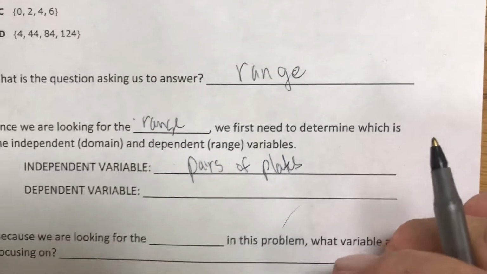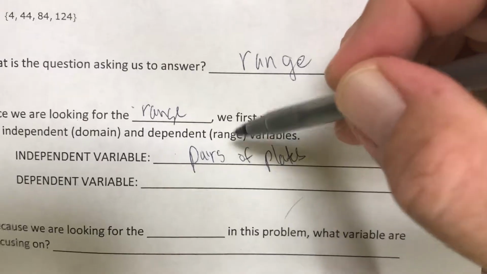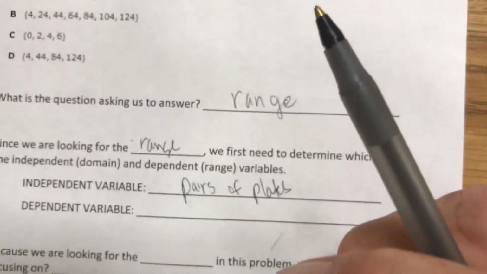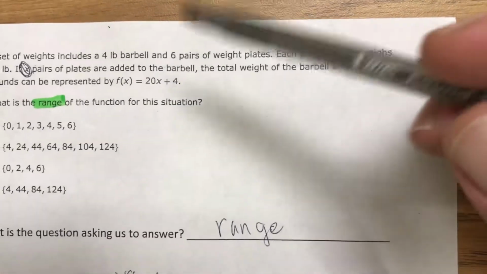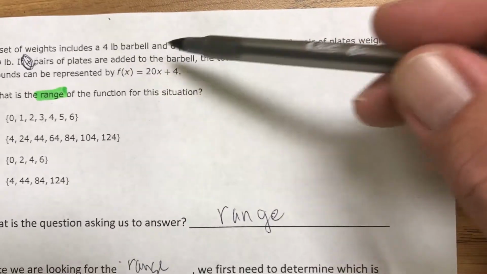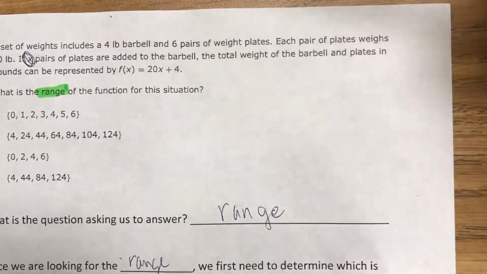So now we have to find the dependent variable, or the one that has the range in it. So if x pairs of plates are added to the barbell, the total weight of the barbell and the plates can be expressed by this equation.